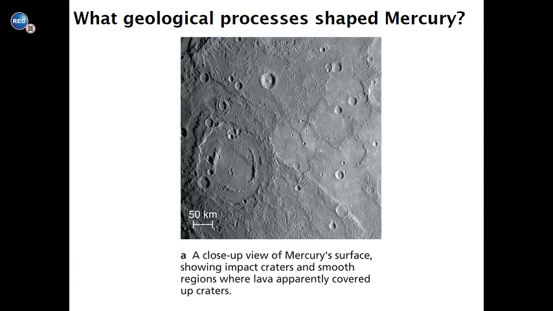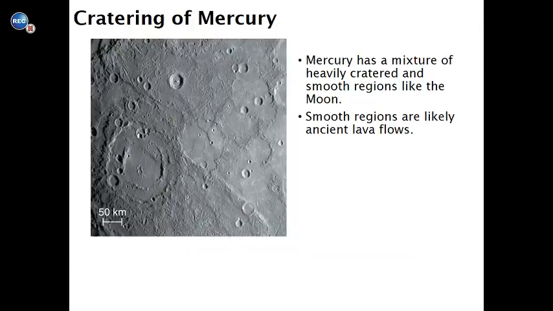All right. Mercury is going to look fairly similar, except maybe more extreme, because it is larger and it's closer to the sun, and there's more interesting stuff that can go on. Effectively, lots of cratered regions and lots of smooth regions where there appear to have been lava flows.